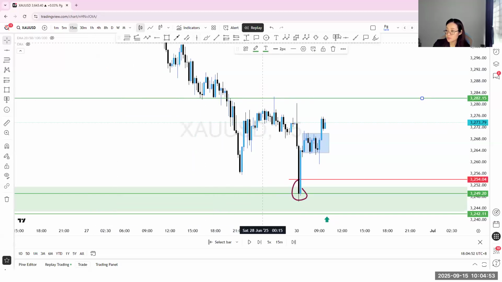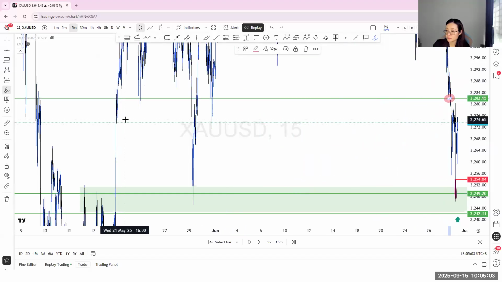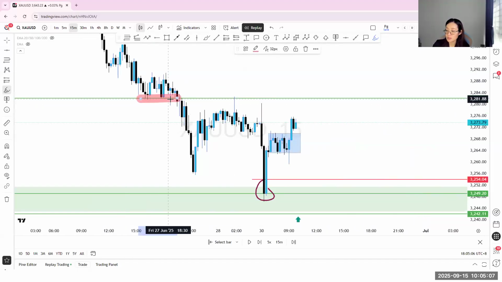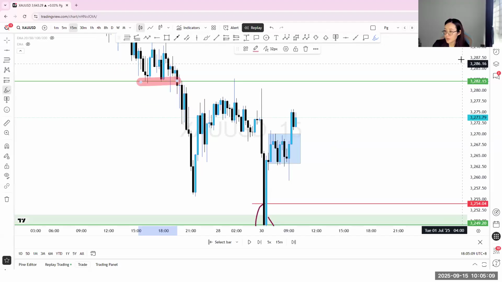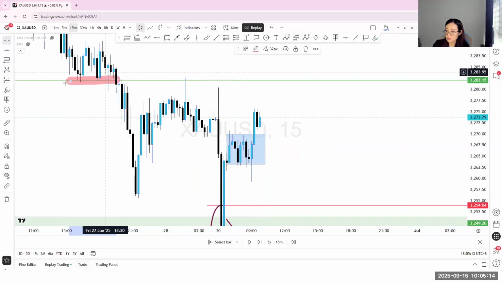This one used to be the support level, right? This is the support level. On the left, too far, that doesn't matter. We're just going to look here. Resistance level, and there is a significant move, which is this candle break.